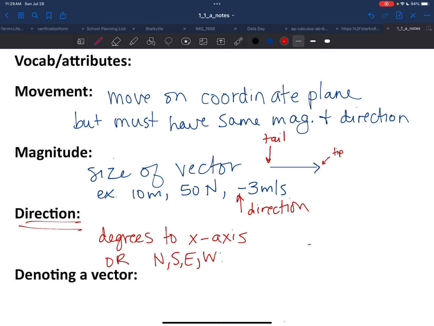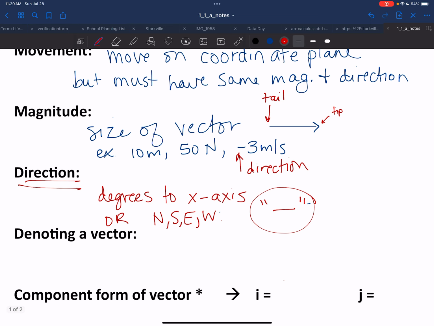And if you have just a negative, then it denotes on the negative x-axis or the negative y-axis. So we'll just have to be very careful with this. When we talk about vectors, we definitely want to do an angle, but sometimes as we get into our forces and our velocities, you'll see where we can change that a bit.